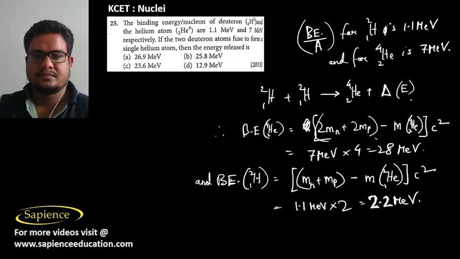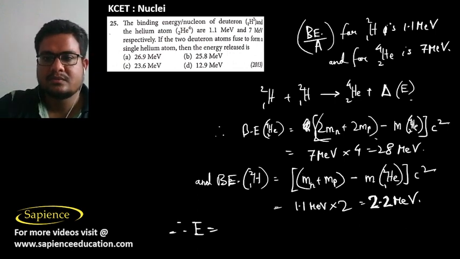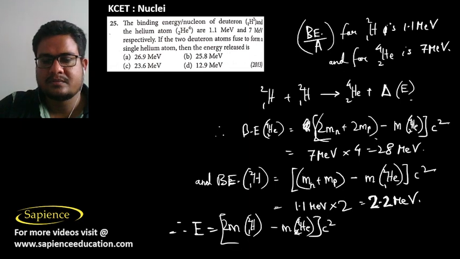So therefore, the energy that will be released is equal to twice the mass of deuteron minus mass of helium, into c square.